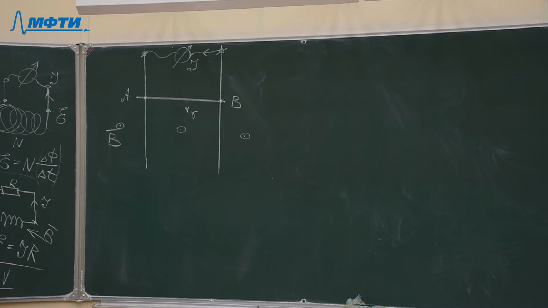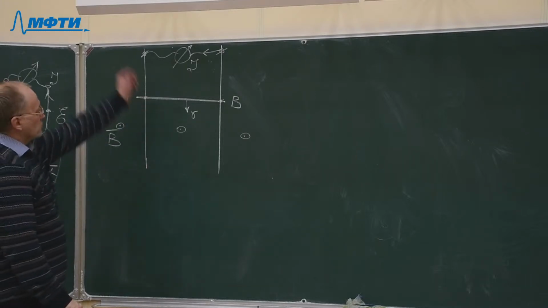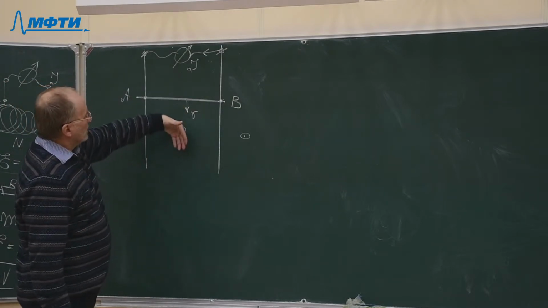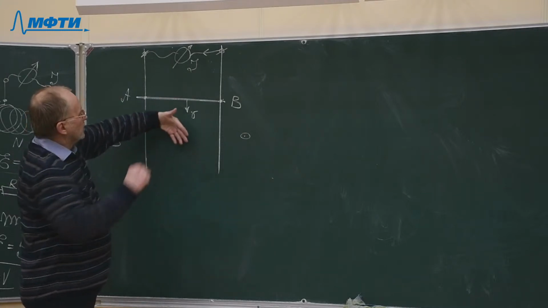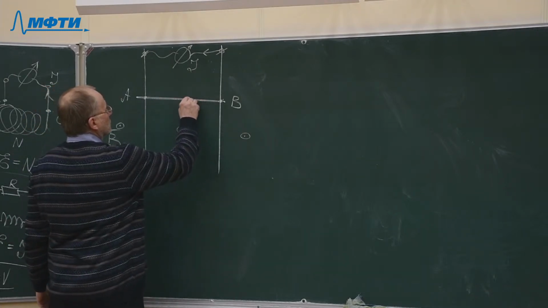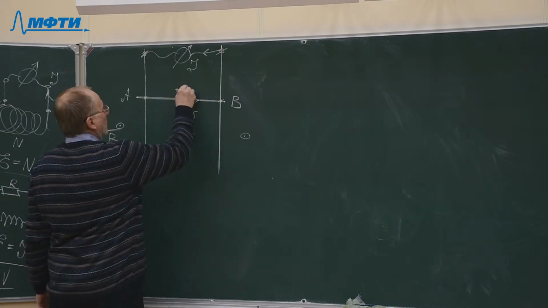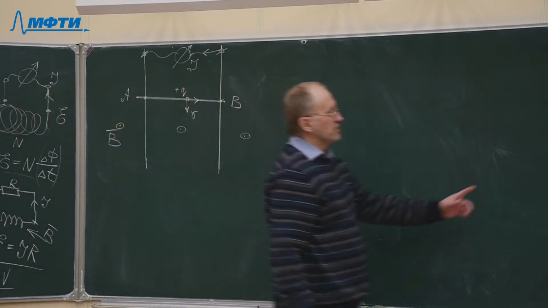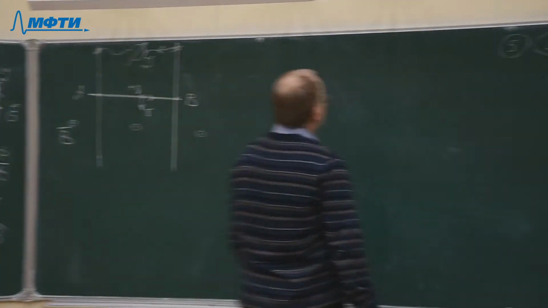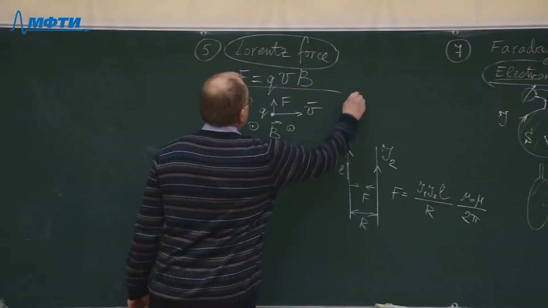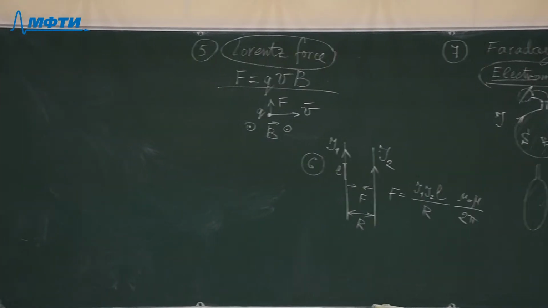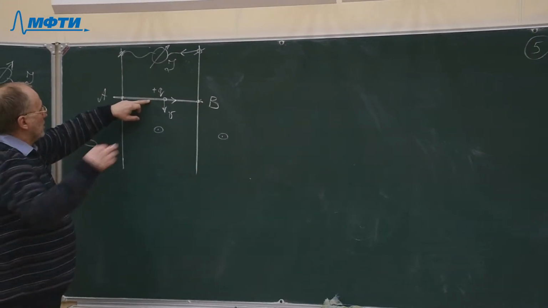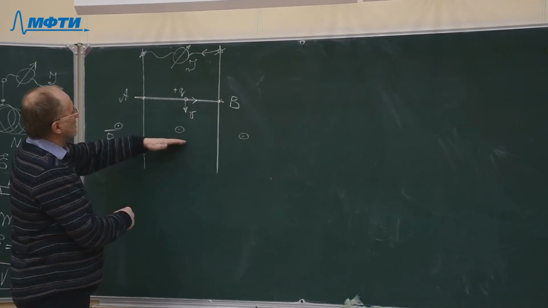So actually, if the rod moves in this direction, then the magnetic field acting here will cause every positive charge to move in this direction and every negative charge to move in the opposite direction due to the Lorentz force, the force acting on a charge that is moving in the magnetic field. Every free charged particle, every electron, will be acted on because it moves downward in the magnetic field.